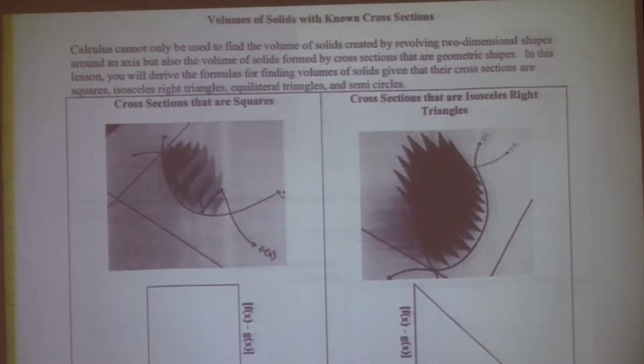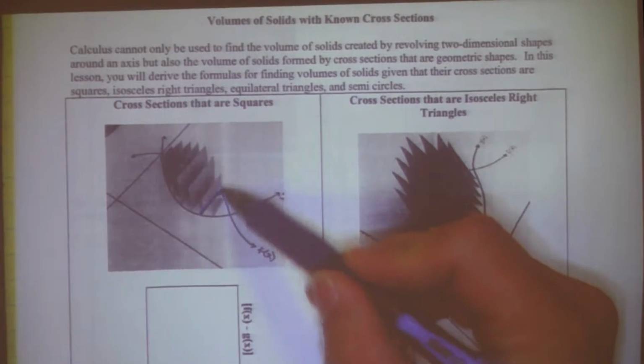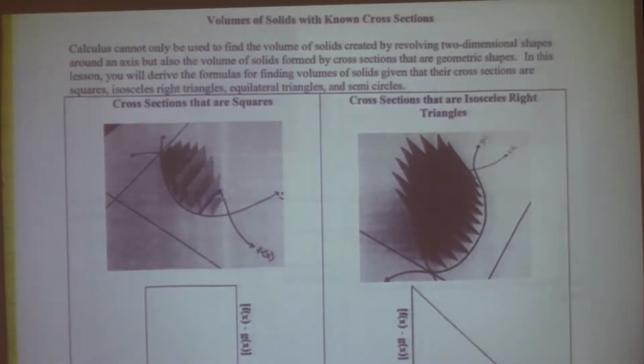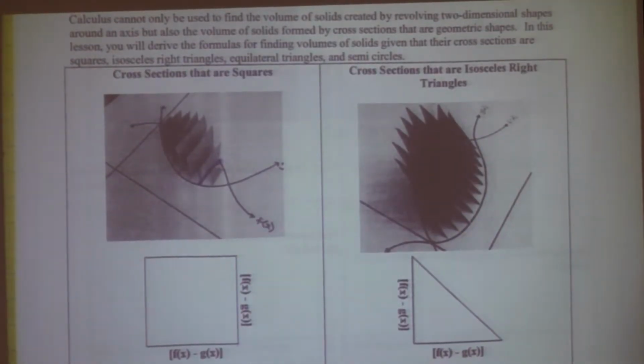Now we know that in a square all the sides are equal, so this bottom piece is going to be the same as the height that's going up, which will be f of x minus g of x as well. Now if I find the area of that cross section, and then I add up all the infinite areas of each cross section, it'll create the volume of that solid that is created by putting those cross sections on the shape. You understand?